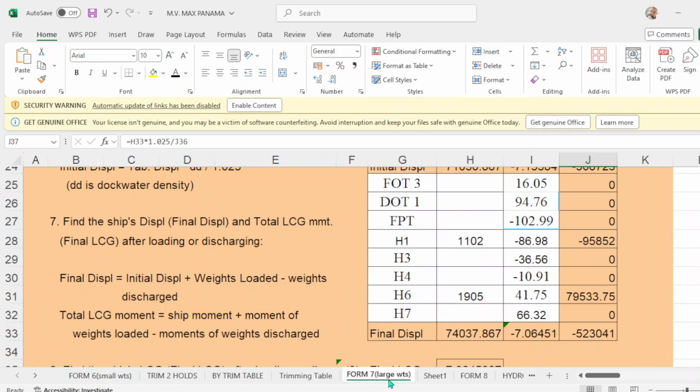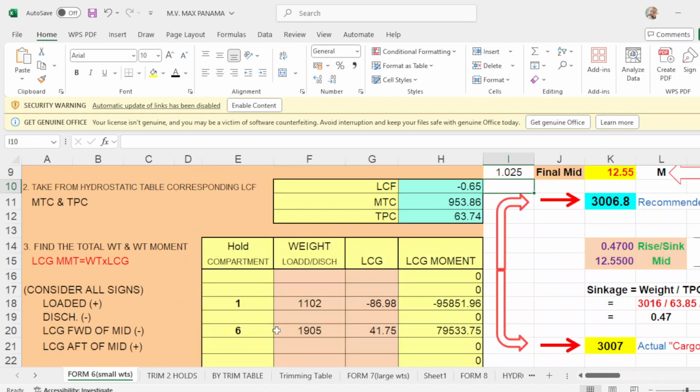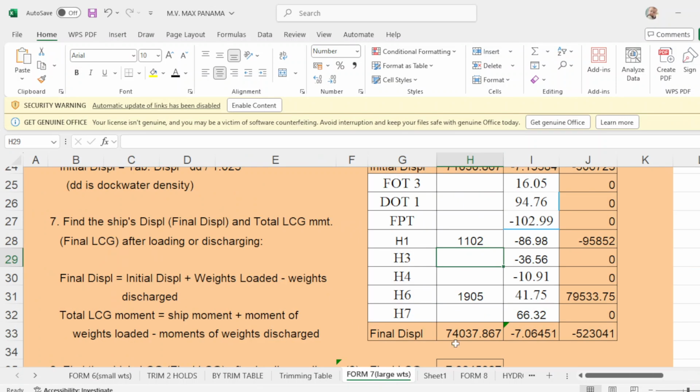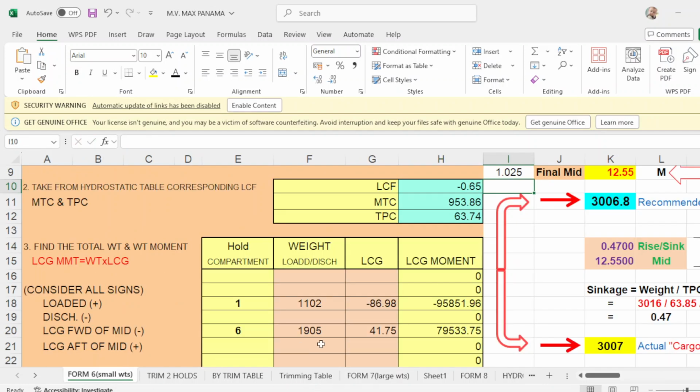And LCG is negative 86.98. And number 6 is 1905. Okay, 1905. And the LCG is 41.75. Okay?